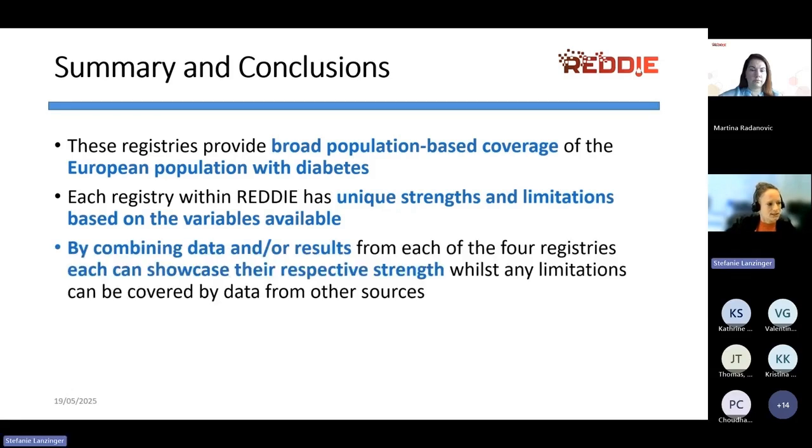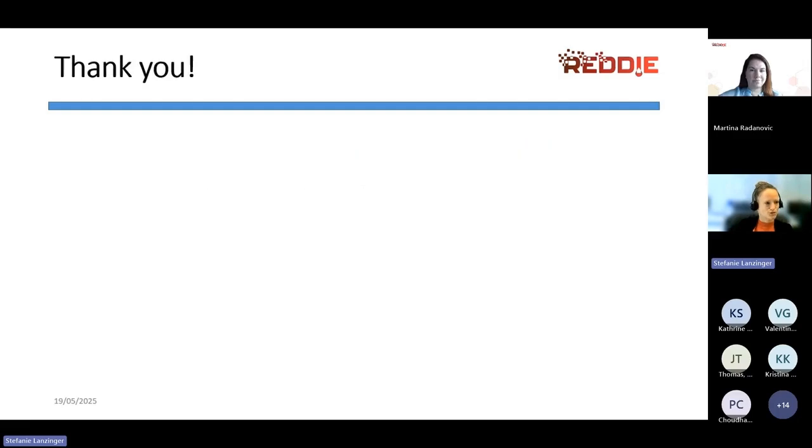By combining these 4 registries and by comparing the results, each registry can showcase their respective strengths, whilst any limitations of one registry can be covered by information from the others. So, with this, I would like to thank you very much, and I am open for questions.